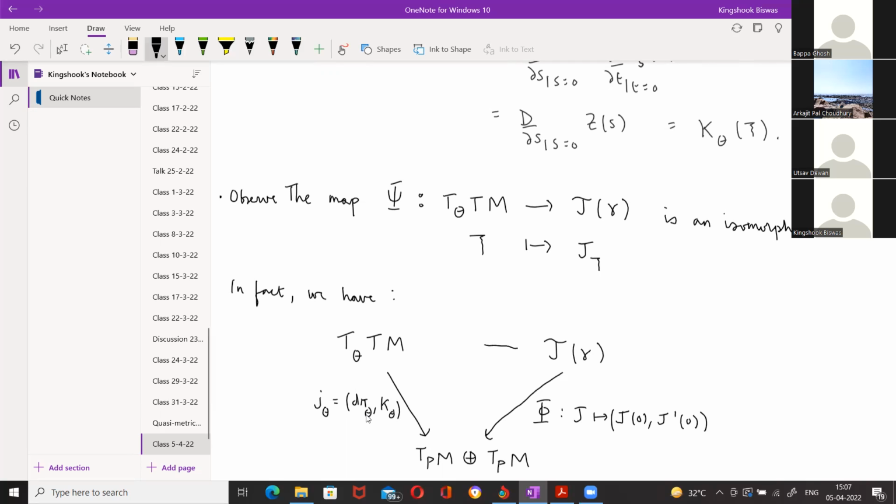And this map is just the map which makes this diagram commute. So in fact, the following diagram commutes.